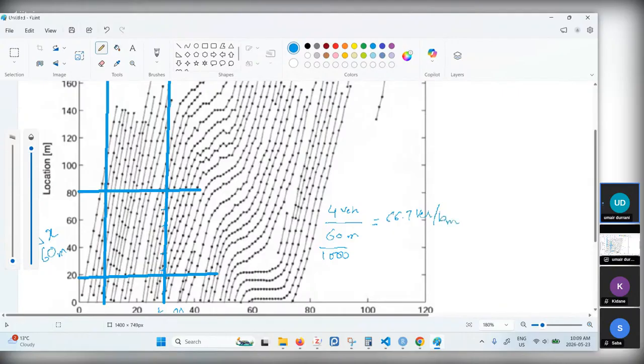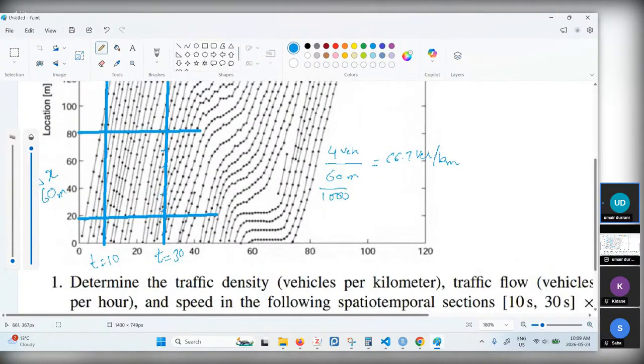For flow, we need to do that at a particular x. So if we take x equal to 80 meters, and we count the trajectories that are crossing it, then we have 1, 2, 3, 4, 5, 6, 7, 8, 9, 10, 11, 12.